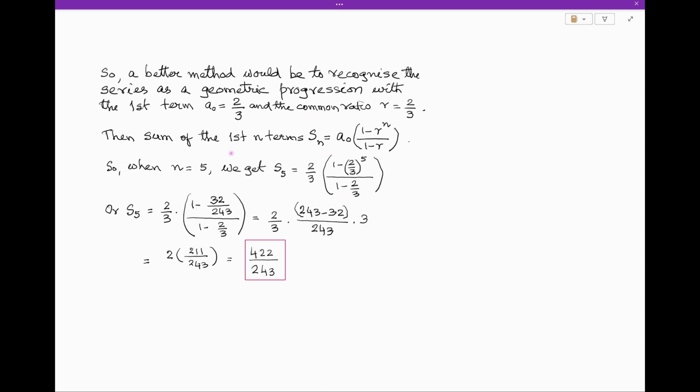Then the sum of the first n terms, Sn, is from the geometric progression formula: Sn is equal to a0 multiplied by (1 minus r to the power of n) whole divided by (1 minus r). And in this case, we have to sum the first 5 terms, that is n is equal to 5.